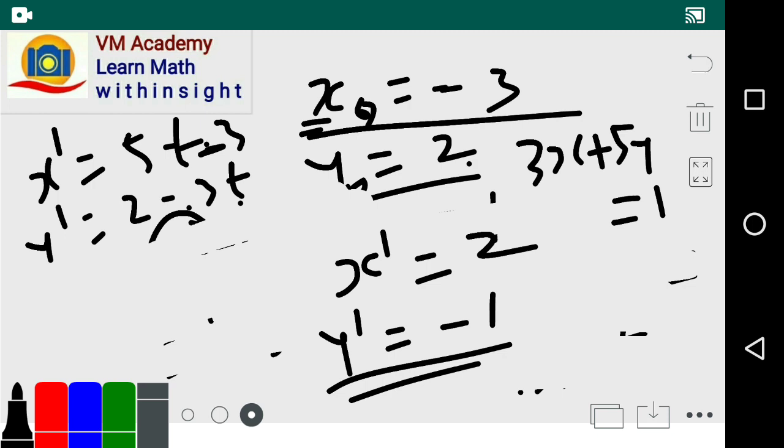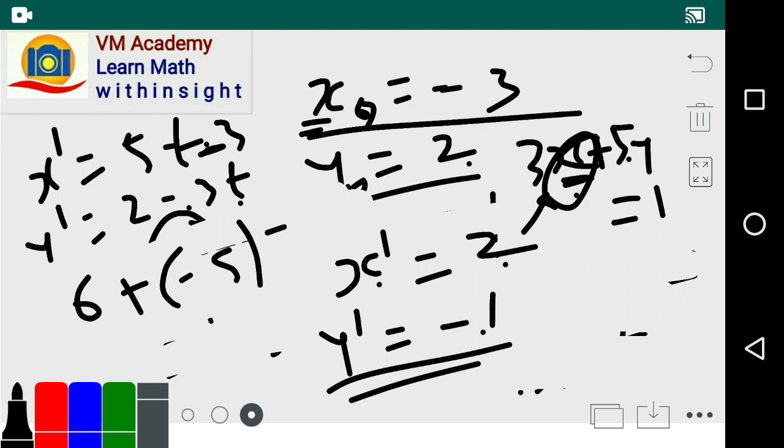Let us substitute the values here: 3 into 2, that is 6, friends, plus 5 into minus 1, that is minus 5, and it turns out as 1, equal to the right side, so the equation gets satisfied.